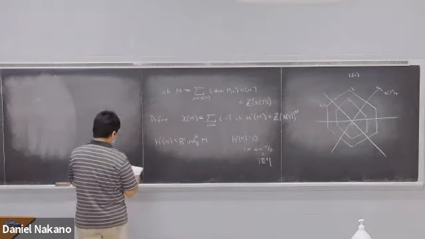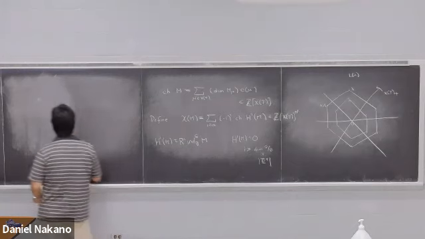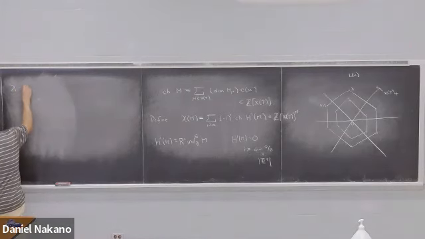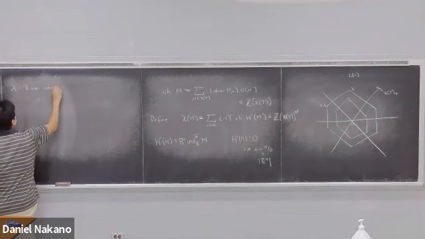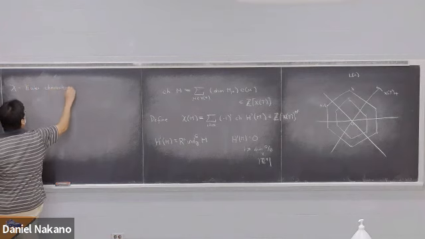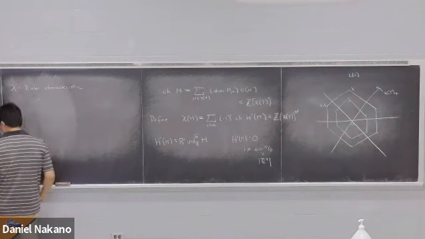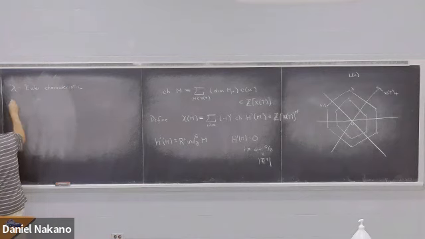Now, so chi is called the Euler characteristic. And it's not a hard exercise to prove the following.